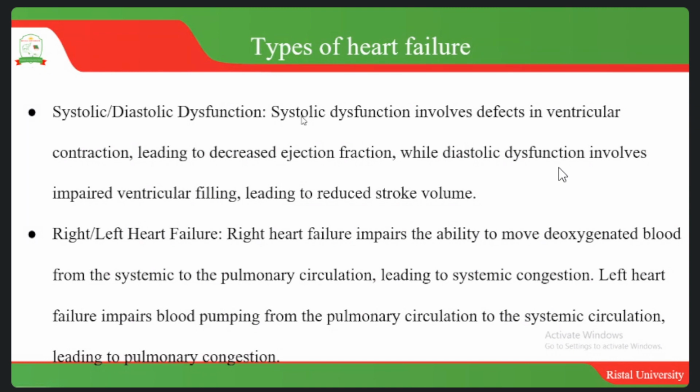Then in case there is also left heart failure, we very well know that on the left heart we always receive oxygenated blood from the pulmonary circulation. So the pulmonary circulation gives blood into the left ventricle, which is already oxygenated. It has enough oxygen.